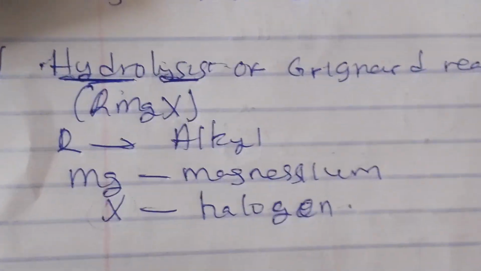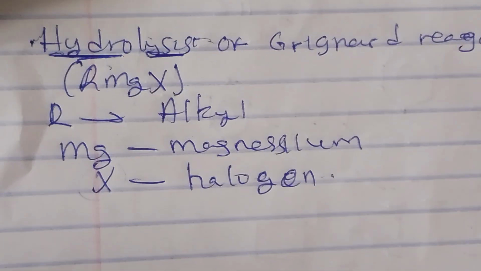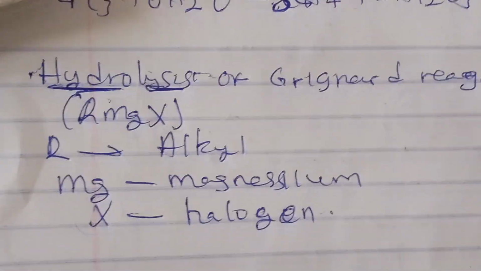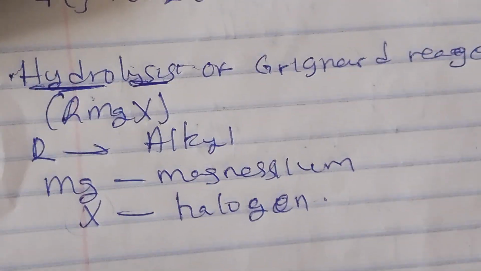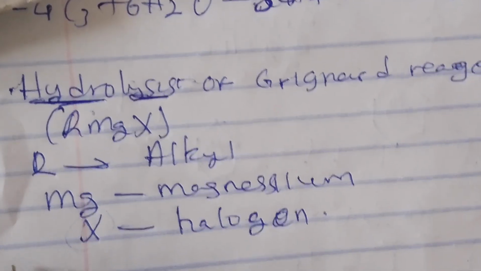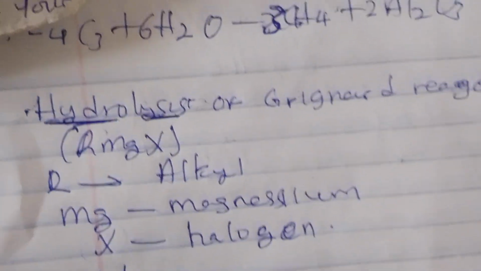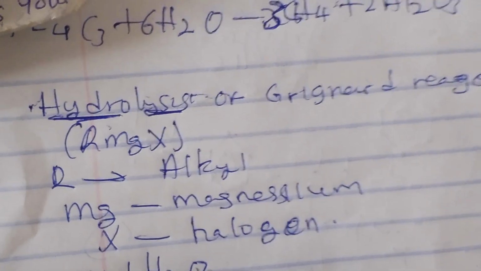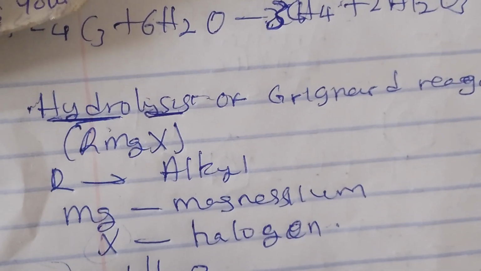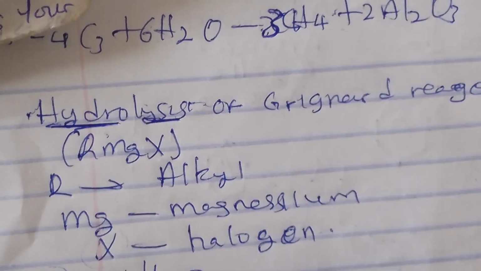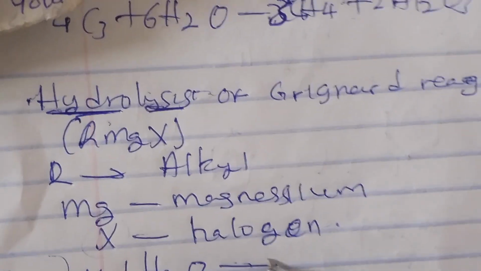To now consider the chemical reaction of hydrolysis of the Grignard reagent, you can just say RMgX plus H2O. This one is RMgX, while this one is H2O, the water.